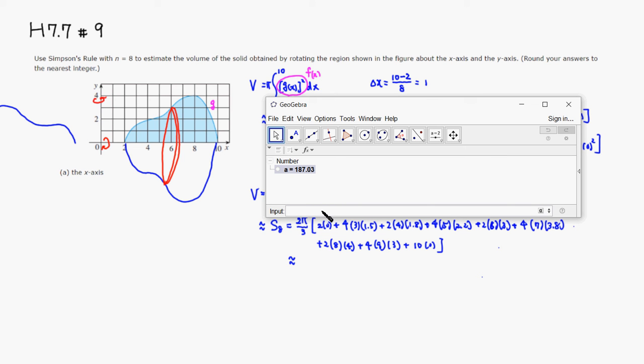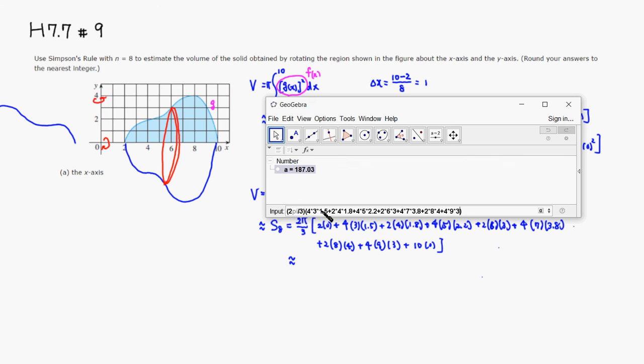We have 2 pi over 3, and we're going to multiply by a whole bunch of terms. 2 times 0 is 0, so it's going to be 4 times 3 times 1.5 plus 2 times 4 times 1.8 plus 4 times 5 times 2.2 plus 2 times 6 times 3 plus 4 times 7 times 3.8 plus 2 times 8 times 4 and plus 4 times 9 times 3.